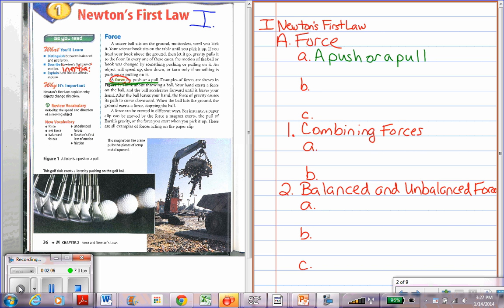Okay, what's another fact, Miriam? Okay, a force can be exerted in different ways. So, can be exerted in different ways.